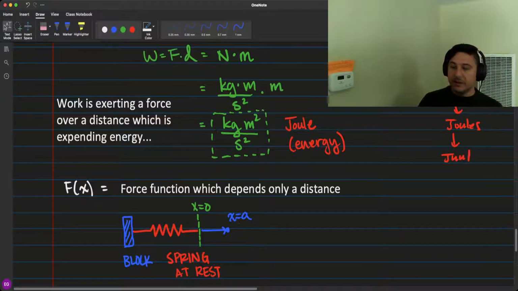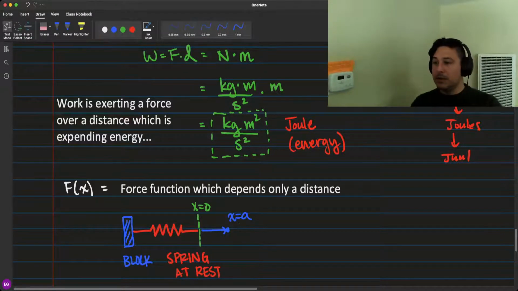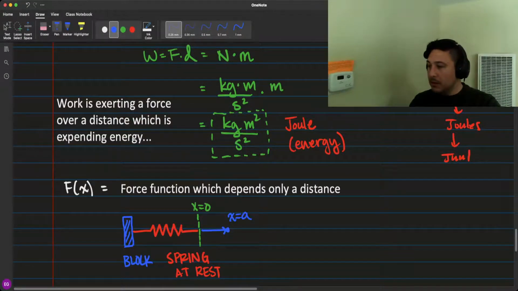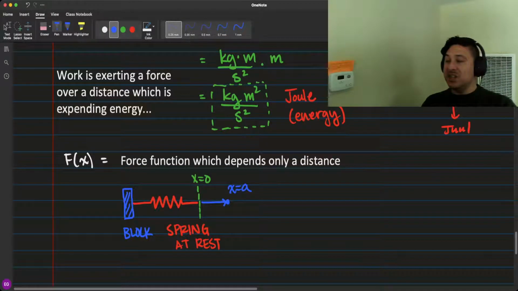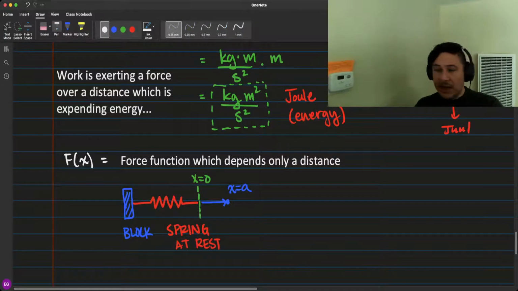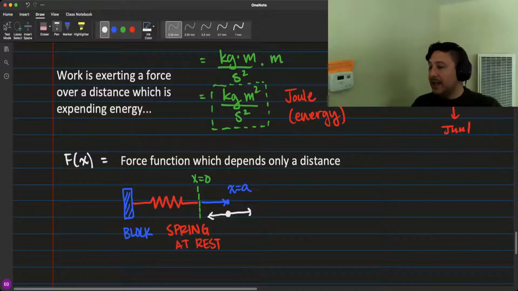If you were to stretch out that spring, what is the spring doing? Well, I guess really what I should think of is Newton's third law. You're pulling the spring this way, and what's the spring doing in response so that it remains at rest? Right, exactly.